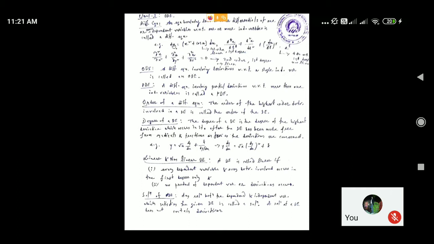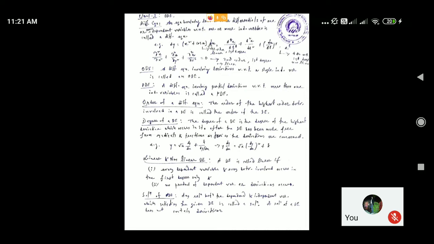dy equal to x square plus cos x dx. What is the order of this differential equation? The order of a differential equation is the highest order derivative involved in it.